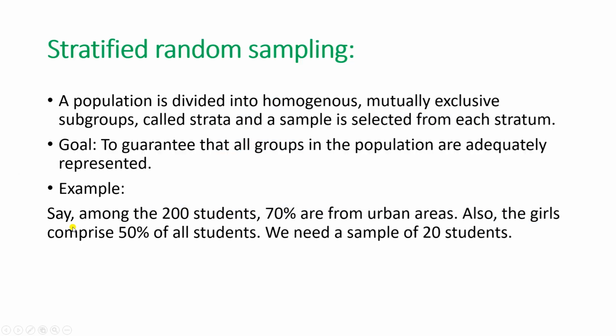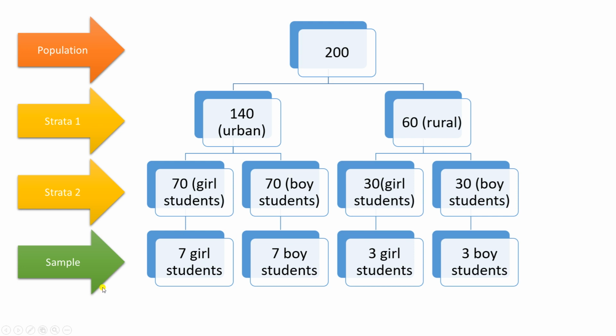Okay, so I need a sample of 20 students. If I maintain this ratio correctly, I select 7 girl students from urban, 7 boy students from urban, 3 girl students from rural and 3 boy students from rural.